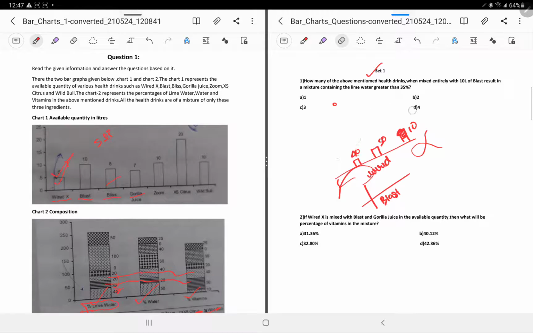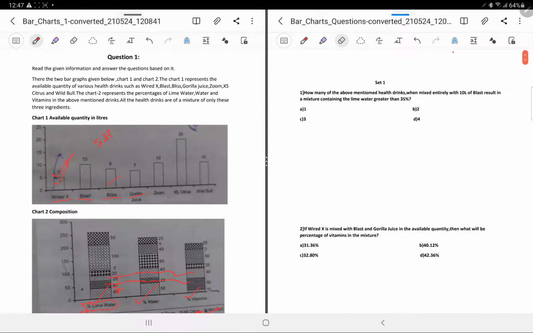Okay, so since we are able to get the chart, let's try solving the questions now.